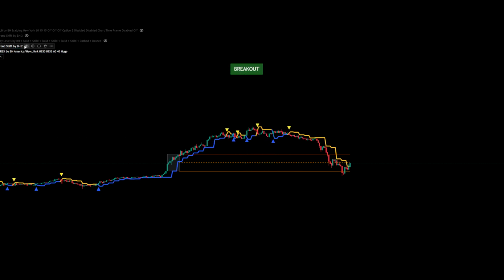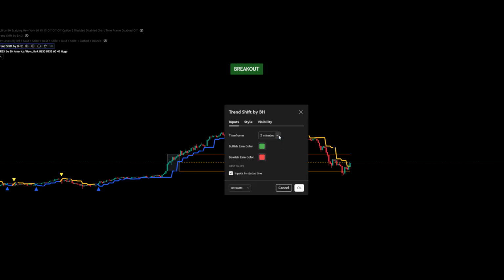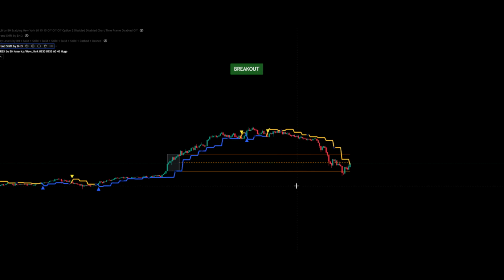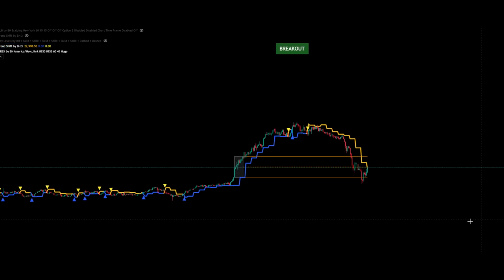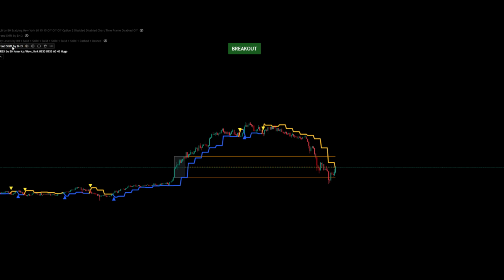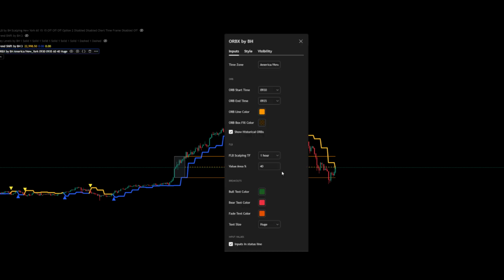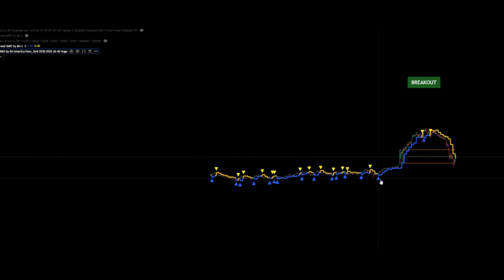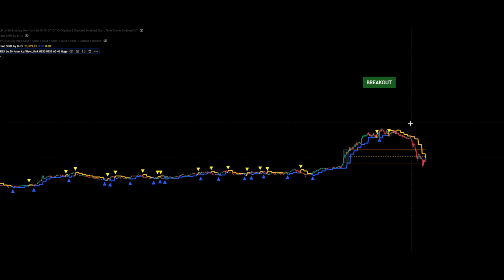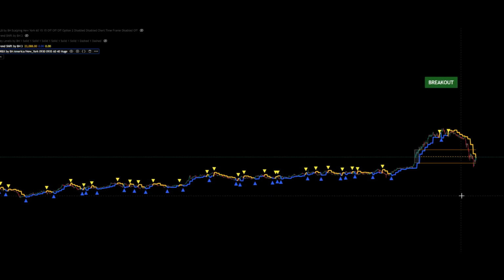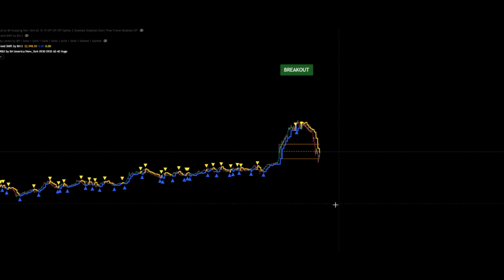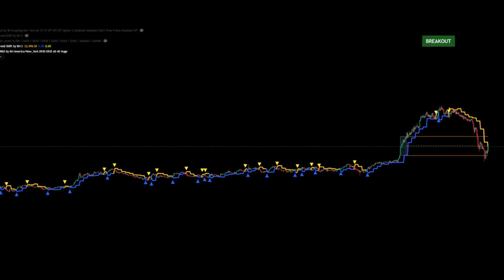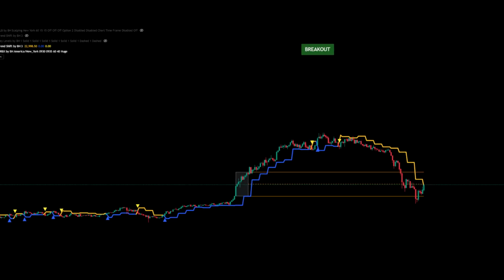Now, boom! Here's something that's going to help you a whole lot. There's the trend shift, right? I personally like the 3 minute right here, and then we're going to put this back onto the hour. But this is the 5 minutes, so I wouldn't be trying to trade past 10 or 11 o'clock on a 5 minute orb. This is literally for finding what it's doing right at the open, right?